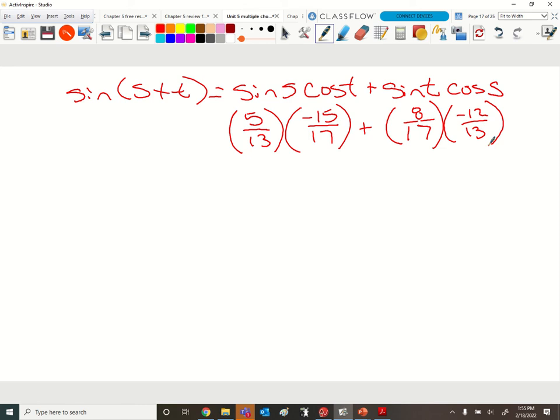That's going to be negative 75 over 221, plus negative 96 over 221.